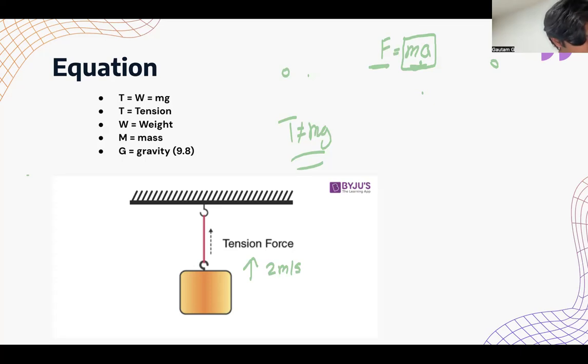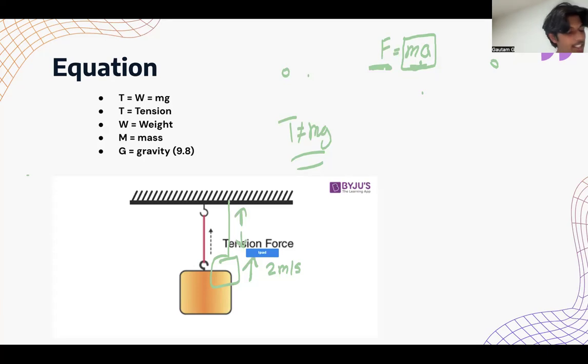Back to what I was saying, right? Let's say this is an elevator, and the elevator is accelerating at 2 meters per second upwards, correct? Now this elevator isn't stationary, so the tension does not equal the mass times gravity. But it's still facing both forces: tension upwards and gravity downwards.